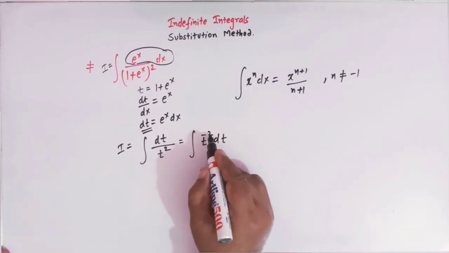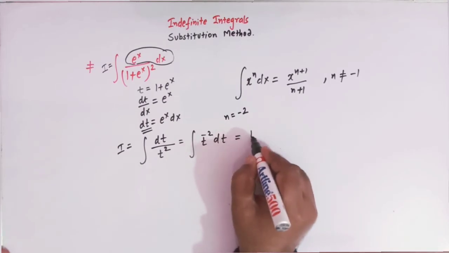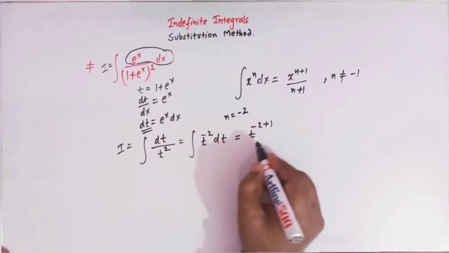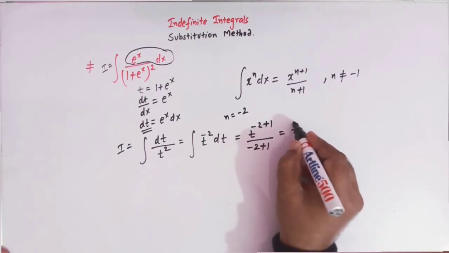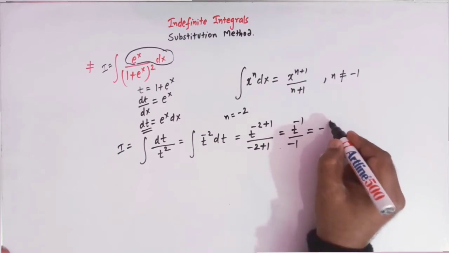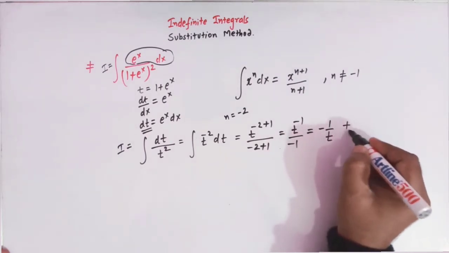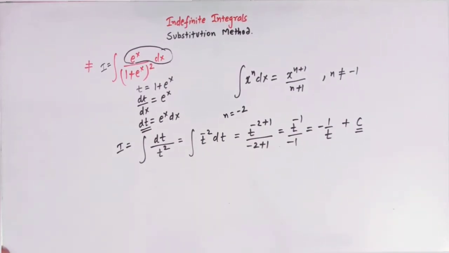So here we have n is equal to minus 2, so we have t raised to minus 2 plus 1 divided by minus 2 plus 1, so we have t raised to minus 1 over minus 1, and that is minus 1 over t plus c, right, where c is the constant of integration, right?